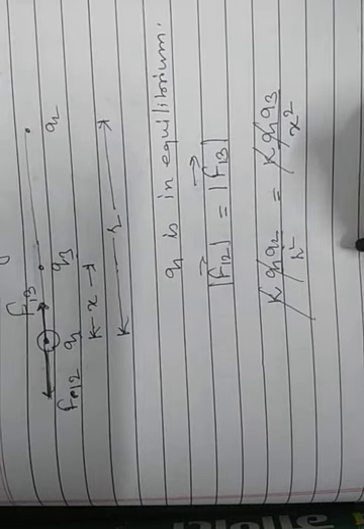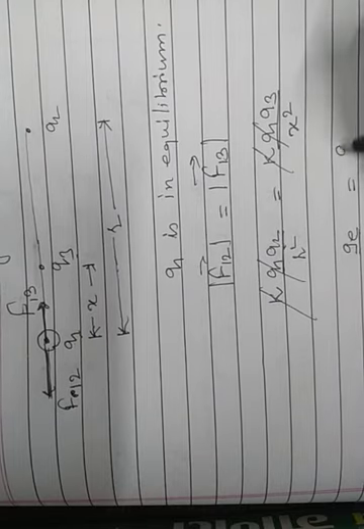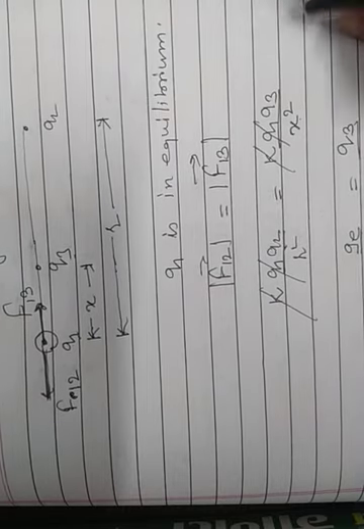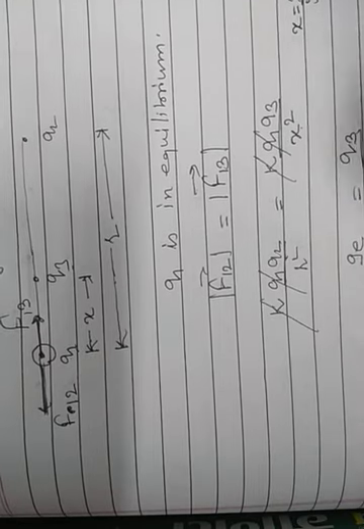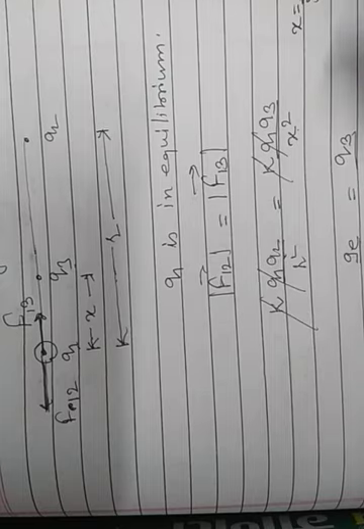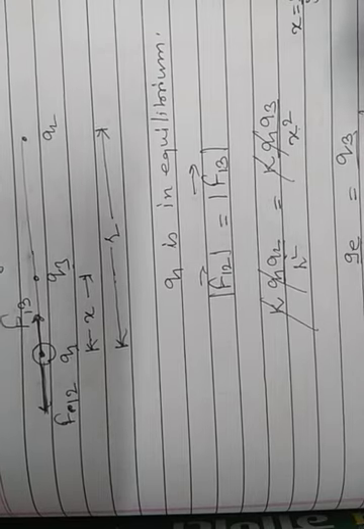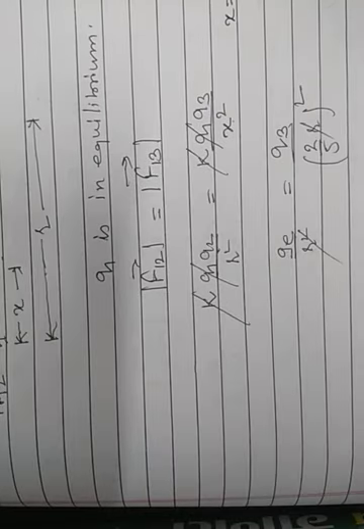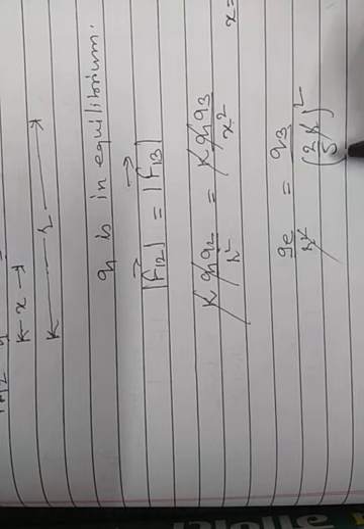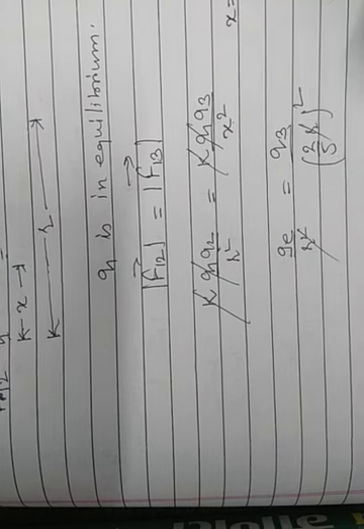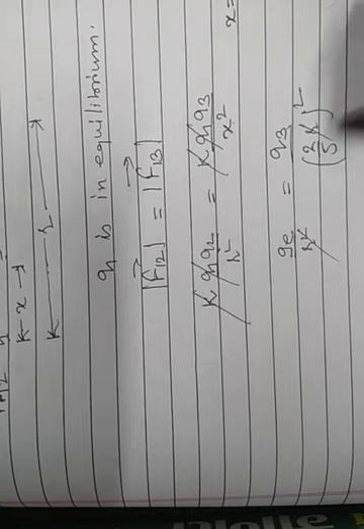Value of Q2 was 9e, so R square Q3, and value of x was 2 upon 5R in the previous question. So it is 2 upon 5R whole square. So R and R square will be cancelled. Now Q3 is 9e, this 2 will come here and 5 will be in denominator.